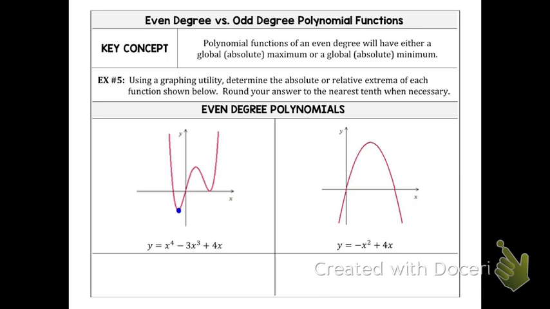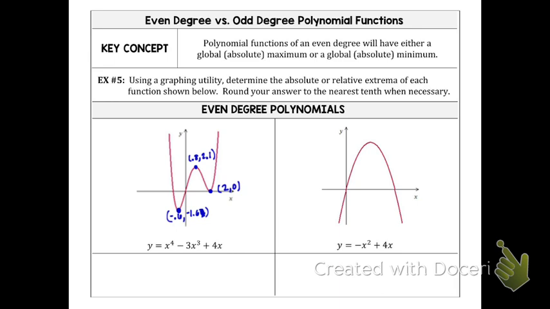So right here I got -0.6, -1.62. And I'm just using that second trace minimum or second trace maximum. So 0.8 and 2.1. Oops, I went too many places on that one, sorry. And then right here we have 2, 0 for that last point.